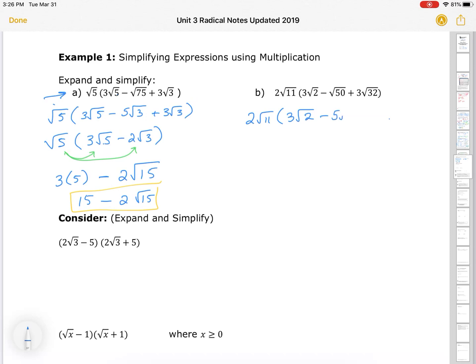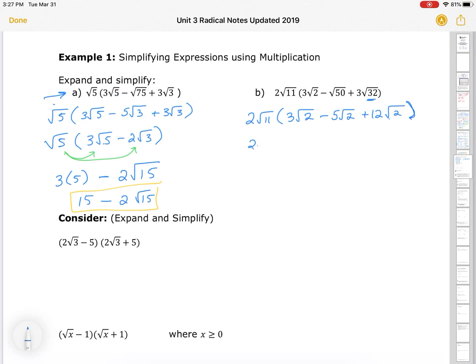This would be minus, 50 is 25 times 2, so 5 root 2. And then simplifying the 3 root 32. 32 is 16 times 2. So I can take a 4 out. So 4 times 3 is 12, so 12 root 2.